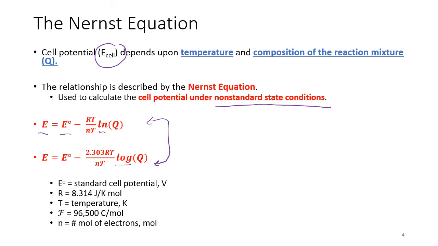F is our Faraday constant, 96,500 coulombs per mole. And N is the number of moles of electrons, so units of moles. So we've seen these before, so now we just have to apply it in order to calculate our E cell under non-standard state conditions. So by calculating that reaction quotient like we've done before.